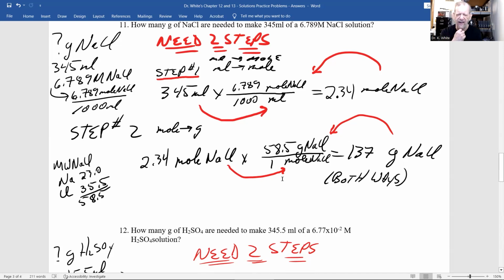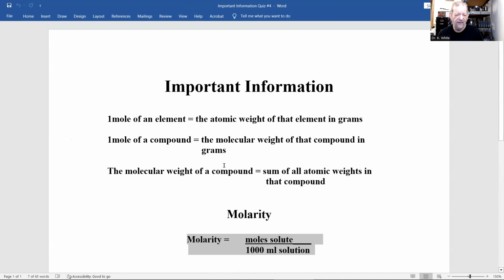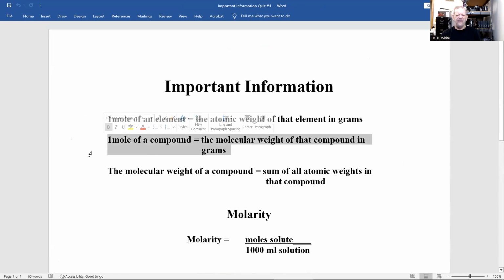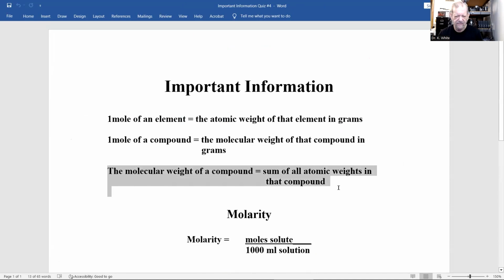And where do we find a relationship between moles of a compound and grams of a compound? Well, in case you forgot, important information, quiz 4. 1 mole of a compound equals the molecular weight of that compound in grams, and the molecular weight is the sum of all atomic weights in that compound.